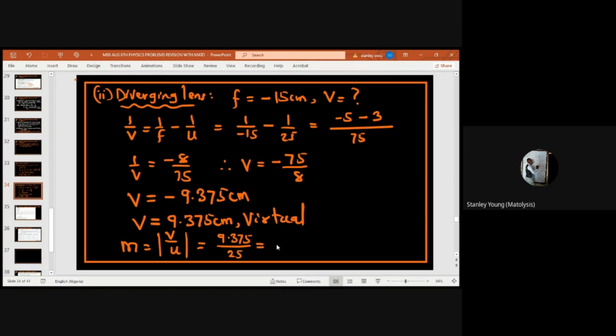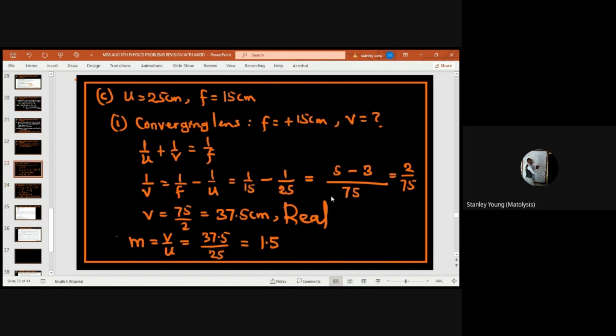That's practically less than 1, 0.375. So this means diminished. It's diminished. For the first case that we calculated, we got a value greater than 1. This is magnified.